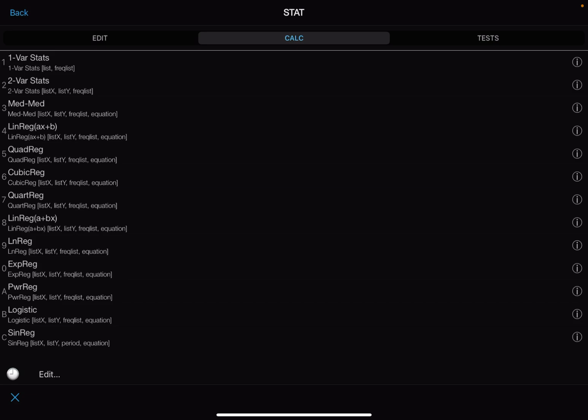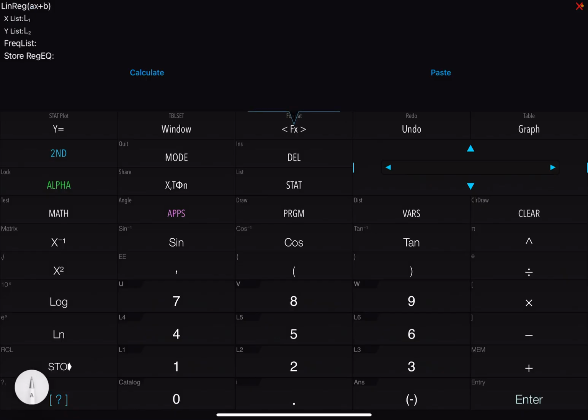What we're trying to accomplish is a linear regression, which is the Mx+b formula. If you look at the choices off to the side, 1 var stat, 2 var stat, 3 med, and then 4 says lin reg. That says Ax+b, which is going to be the answer you want to choose.